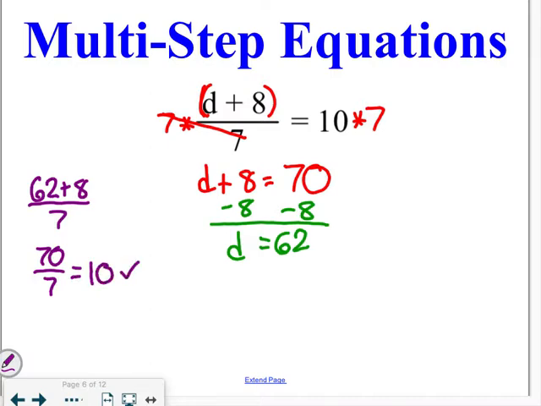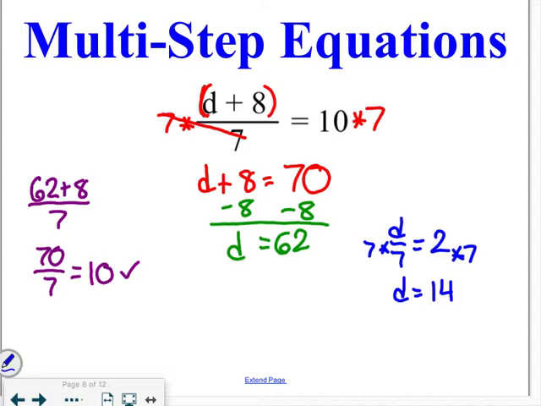If you had accidentally subtracted 8 first, that would give you d over 7 is equal to 2 after you subtracted your 8. Multiplying by 7 on both sides would have given you d is equal to 14.